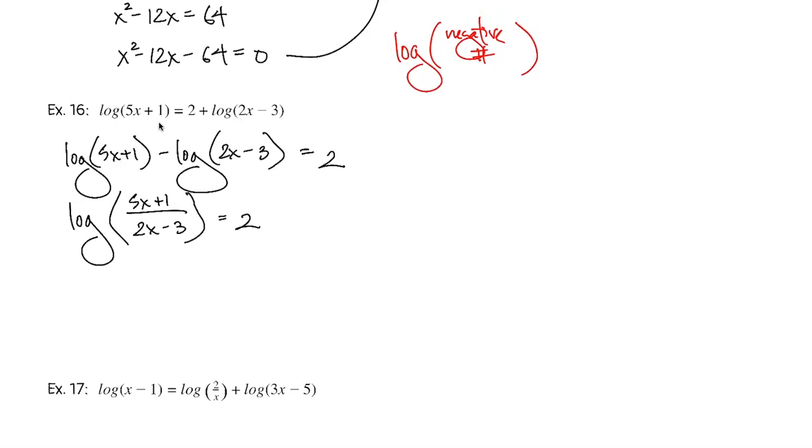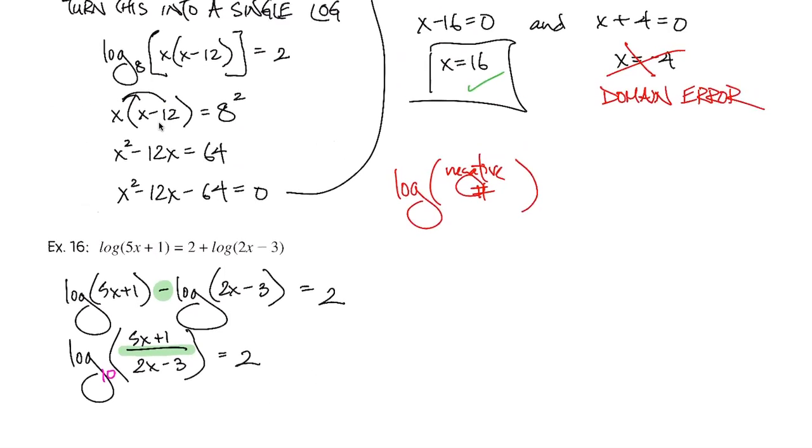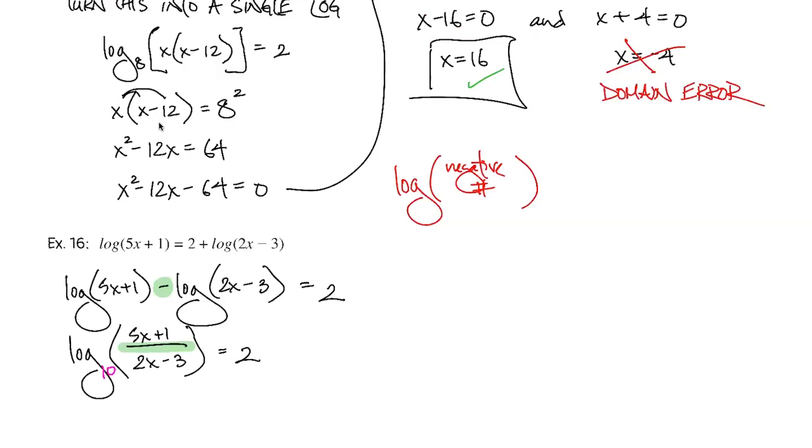We want to be really careful, attentive to detail here, that this minus means we change it into a division, right? The other thing we probably want to be really careful about, the base here, they didn't write one. I'm going to write one in for myself, and now it looks exactly like problem number 15. Same structure, okay?